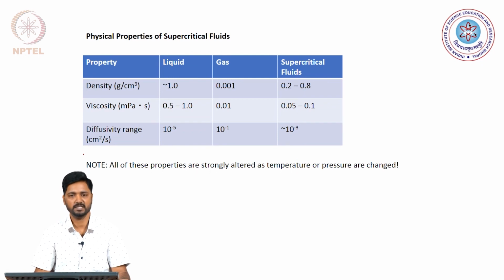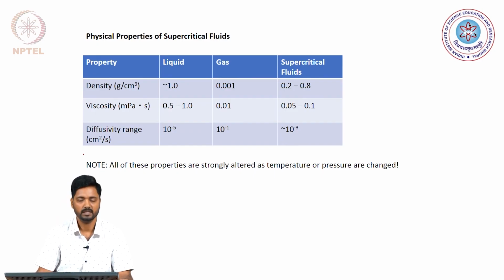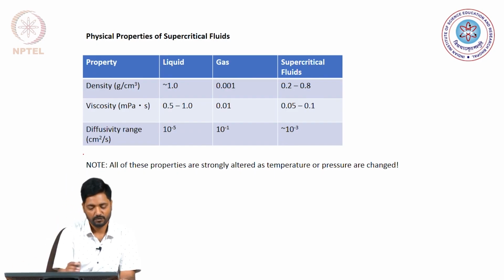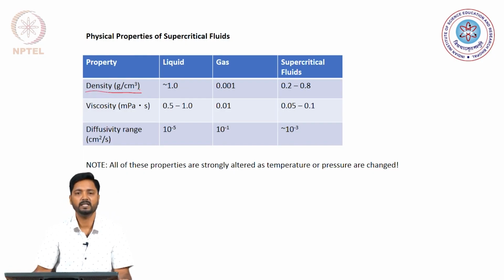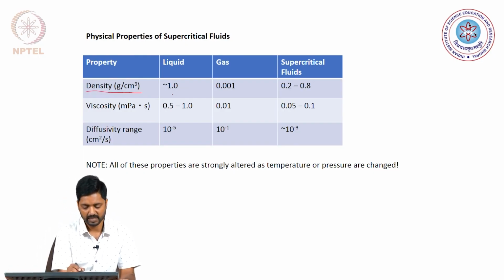So, what are the properties of supercritical fluids and how do they contrast with the traditional liquid and gaseous phases of matter that we are dealing with in our day to day lives? If I consider the density of the material, then in its liquid phase the material has very high density.